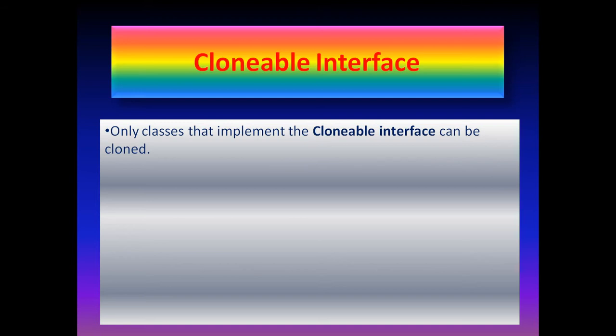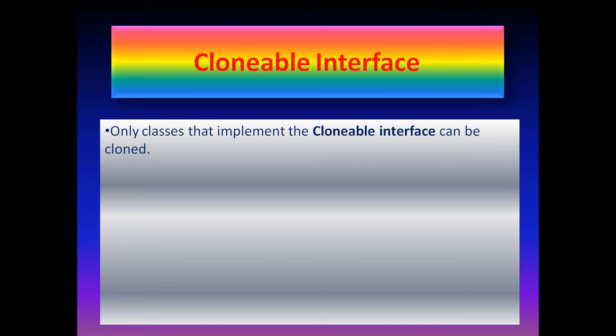So you can see the definition. To make a copy of the object, we can make use of the method clone. Let me say it again. Java provides a method called clone to make a copy of the object.